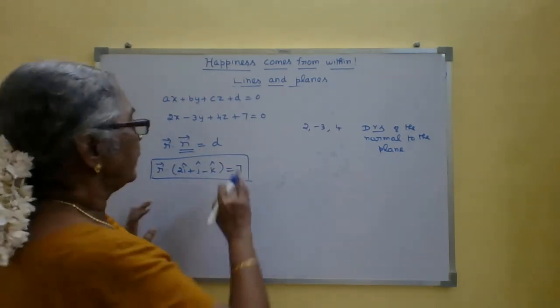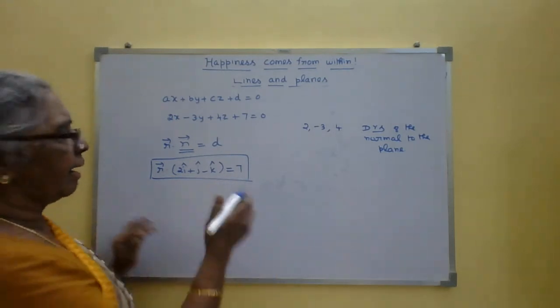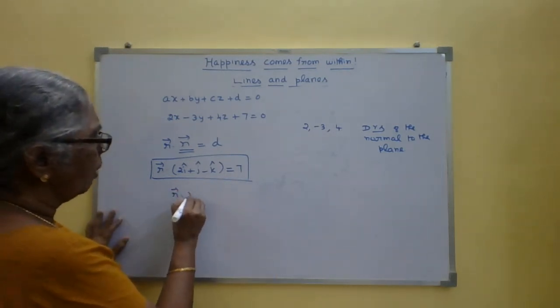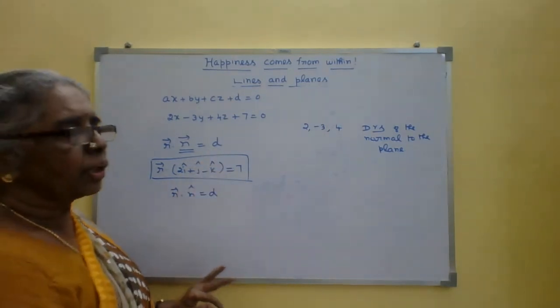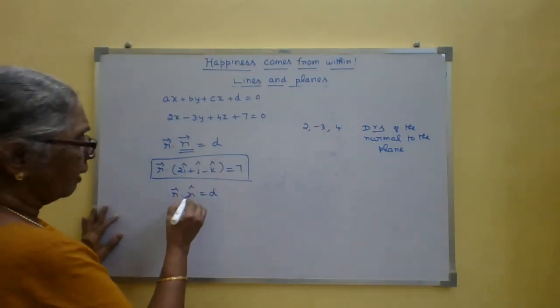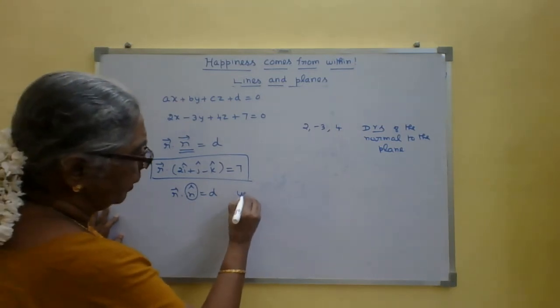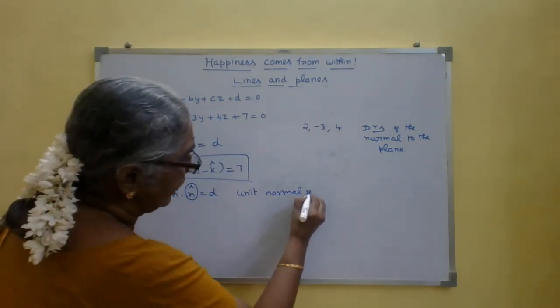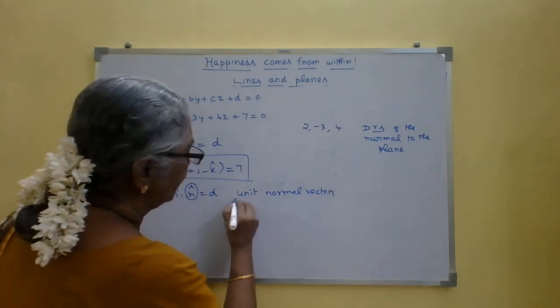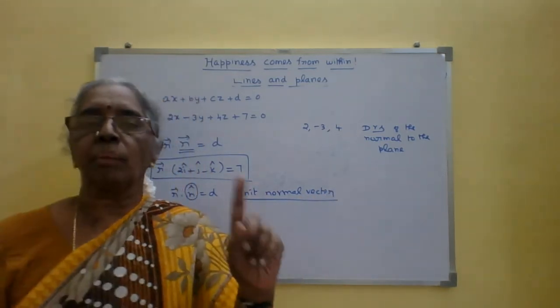Now the standard form in the vector is r vector dot n cap is equal to d. This d is different from the earlier d; if you want, you can use different letters. Here n cap is called the unit normal vector. It is the normal vector, but its modulus will be unity, that is, the modulus will be 1.